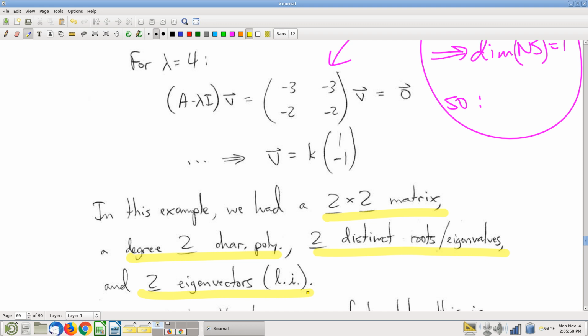Think back to chapter 4 when we were solving nth order constant coefficient linear differential equations. Right? Y'all remember all that chapter 4 business? And let me just remind you that if you have an nth order equation, then you get a degree n characteristic polynomial, which will have n roots, counting multiplicities, right?